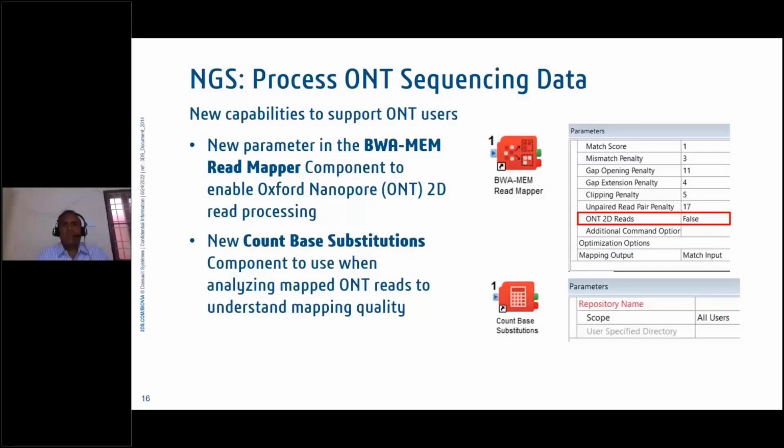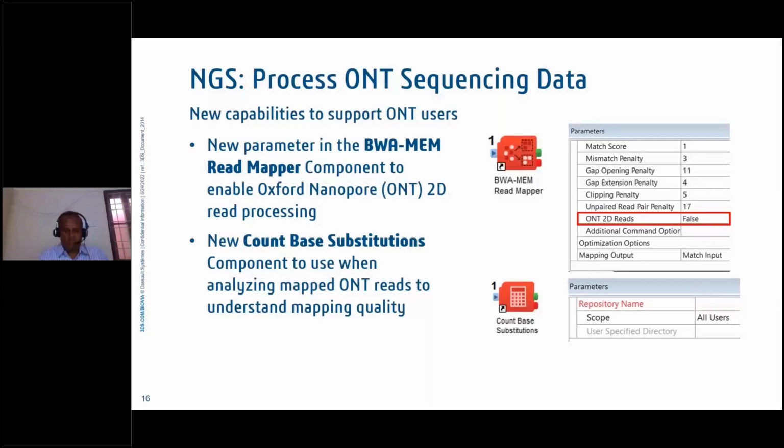With the incoming of Oxford's ONT sequencing platform, we have also included new parameters, the mapping parameter, the read mapper basically, for ONT. So we can read the ONT data. And of course, the ONT 2D reads, if you set it to true, can be mapped with this BWA program.